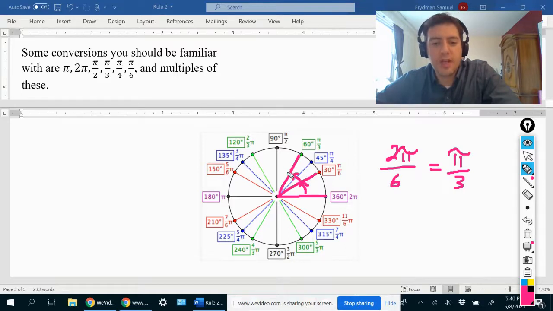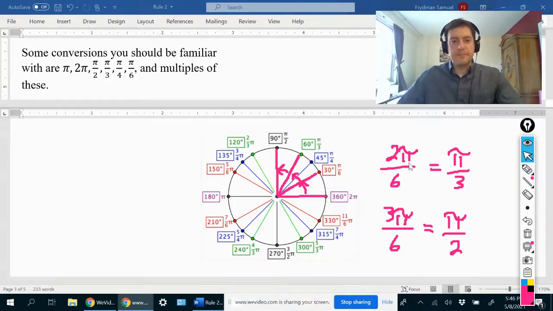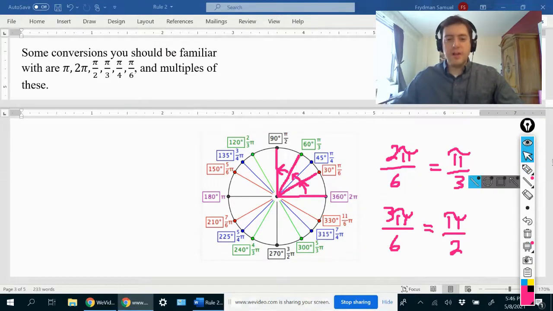So it all works out. If I add another pi over 6, now I'm at 3 pi over 6. But 3 over 6 is a half, so this is the same thing as pi over 2, which we said was 90 degrees before, right? And of course, if we add another 30 degrees to 60, then we do get 90 degrees. All right, and so on and so forth.